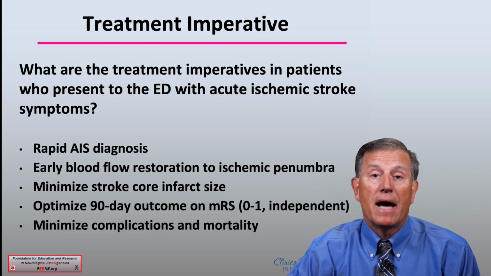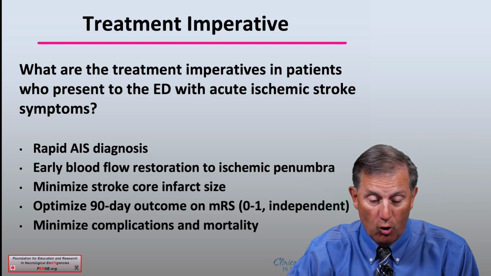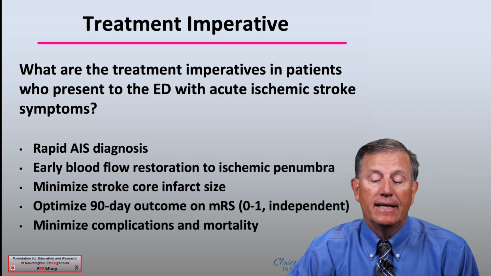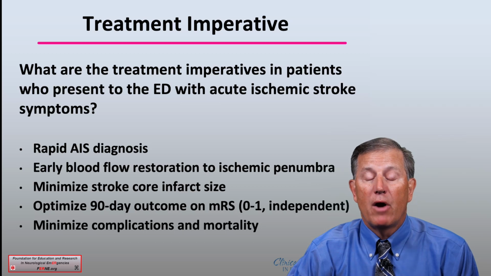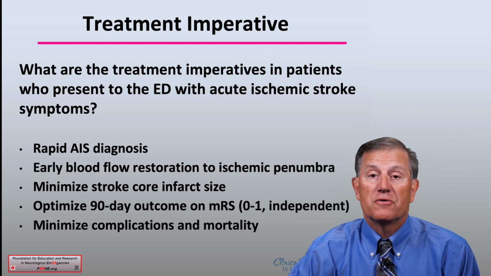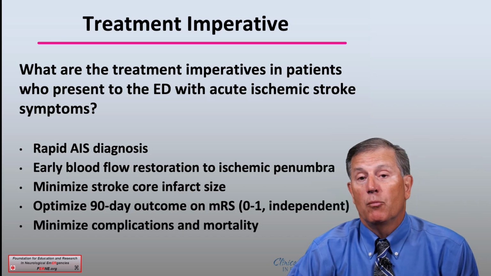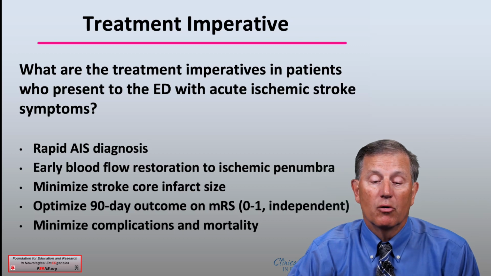We'd like to minimize the size of the stroke core infarct. We'd like to optimize our 90-day outcome on modified Rankin scale, that is patients with either 0 or 1 who are independent, and we'd like to minimize complications, morbidity, and mortality related to the stroke.